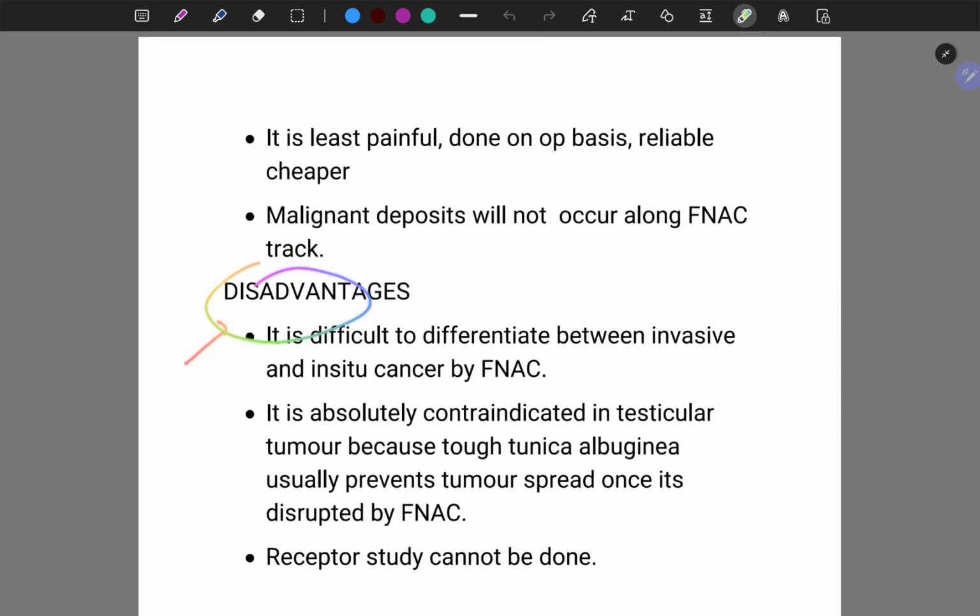Limitations and disadvantages. It is difficult to differentiate between invasive and in situ cancer by FNAC. It is absolutely contraindicated in a testicular tumor because the tough tunica albuginea usually prevents tumor spread, once it is disrupted by FNAC.